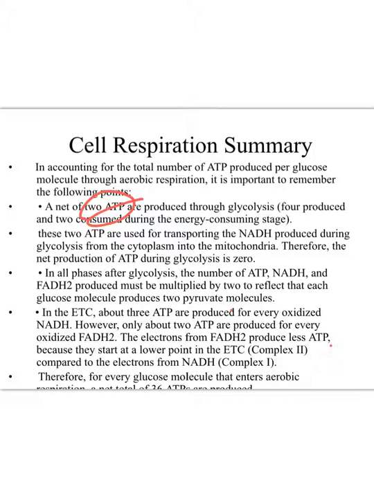But what the big takeaway here, what you can't see, is the entire net total of ATP per molecule of glucose is going to be 36. So you're going to end up with approximately 32 ATP molecules being produced during the very final stage in the electron transport chain and oxidative phosphorylation. So by far the most productive phase of carbohydrate metabolism is the oxidative phosphorylation that happens at the electron transport chain. So what does this mean on a practical basis?